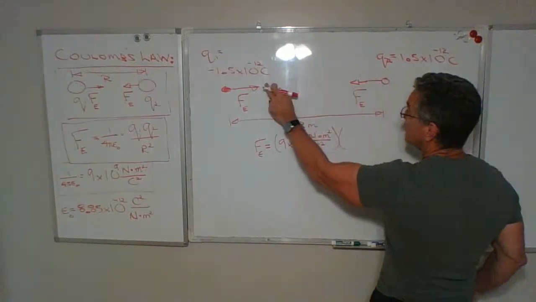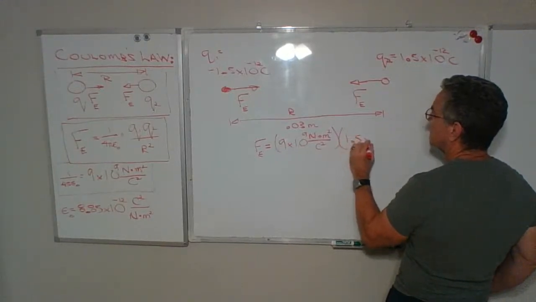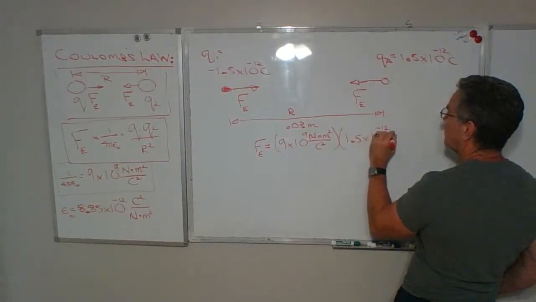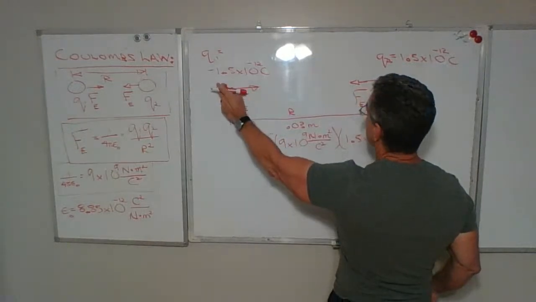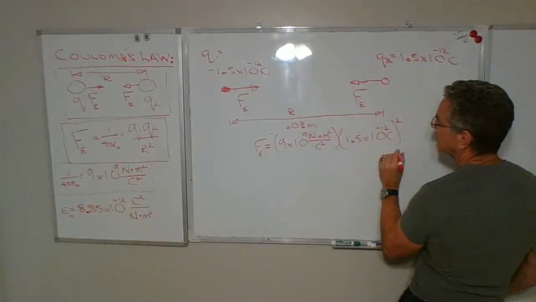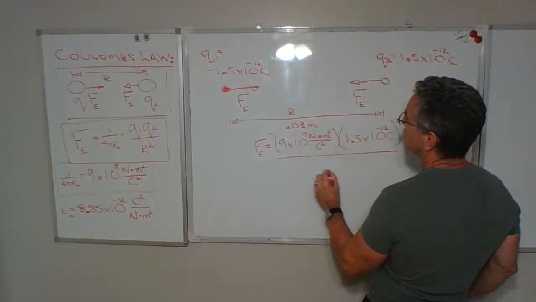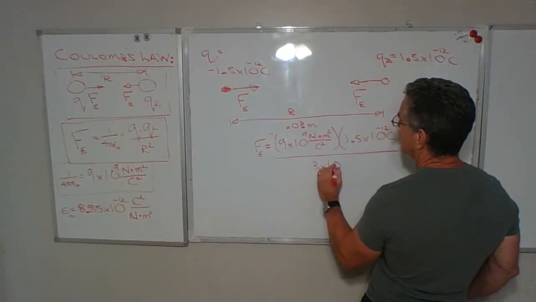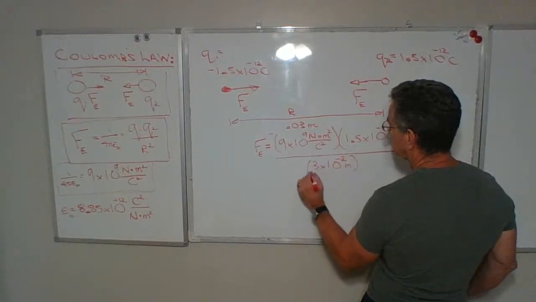They're both the same size charge, so I'm just going to put 1.5 times 10 to the negative 12 coulombs. Now I'm going to square that, and I'll put a negative sign out front because remember, one of these factors is negative. Then we're going to divide by 0.03 meters, so that'll be 3 times 10 to the negative 2 meters, and that needs to be squared.